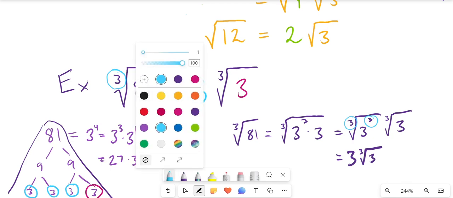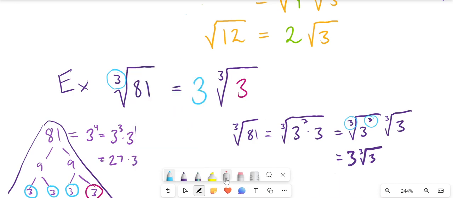And let's look at another one because we're trying to get a good pattern going on here.